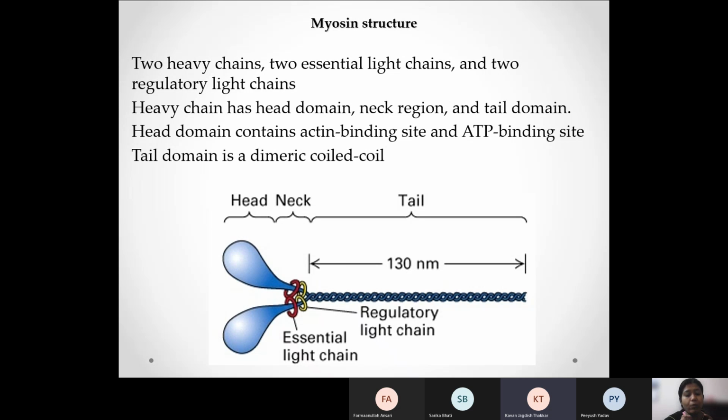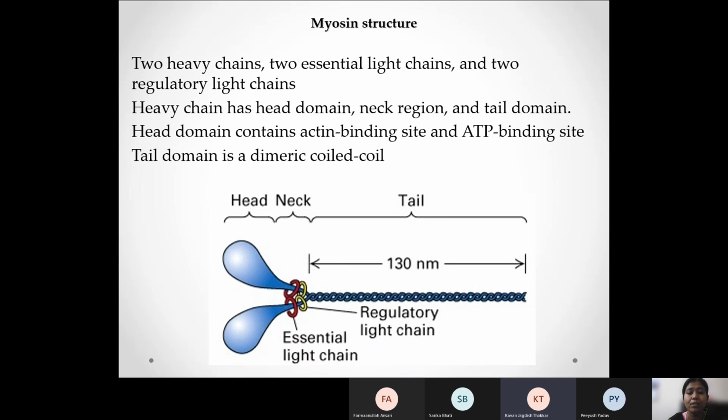So two small polypeptides are bound to the neck region of these myosins. Two such heavy chains intertwine together to give you one myosin unit. This is essentially the repeat unit in an oligomerized or polymerized myosin filament. It will have two heavy chains, two essential light chains, and two regulatory light chains.